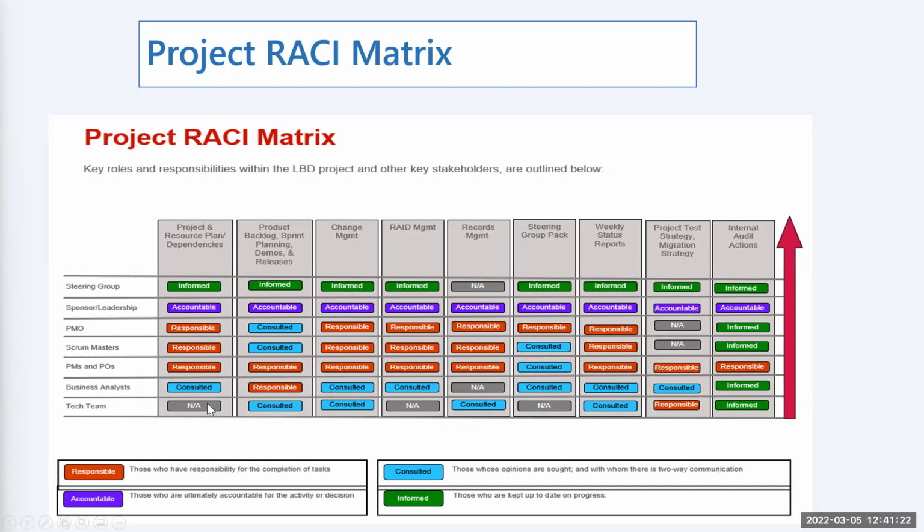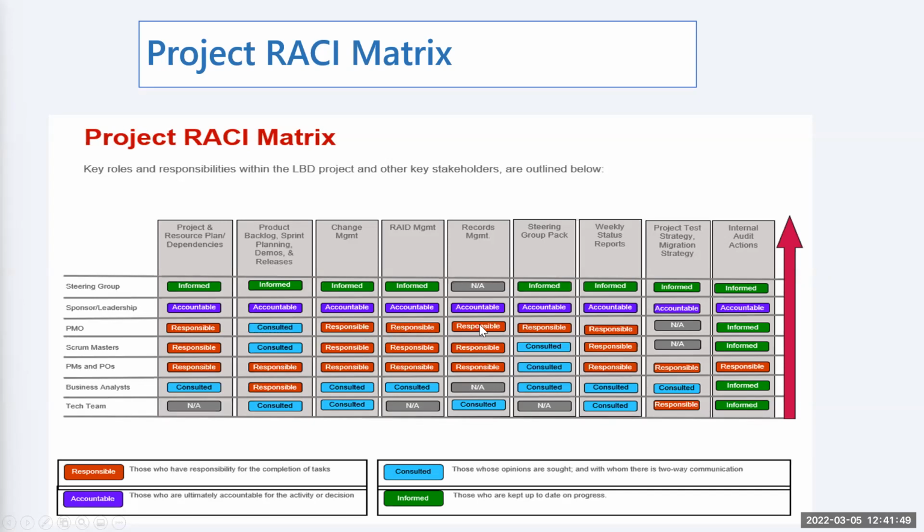Although this didn't break it down into phases, it just broke it down into different requirements of what is required during that project phase, and assigned the RACI to it to say, okay, these are the people that are responsible for this. These are the people that you need to consult when you're working on or creating this document. See, PMO is responsible for quite a number of them.